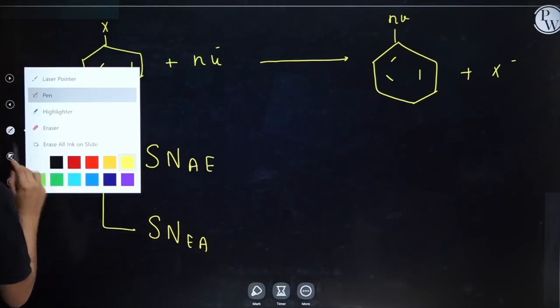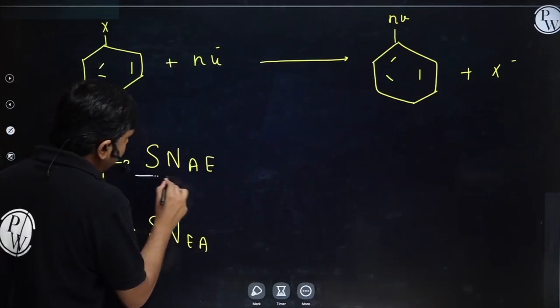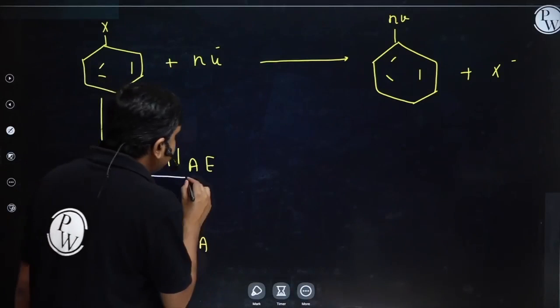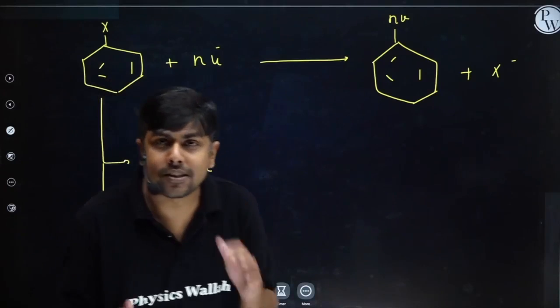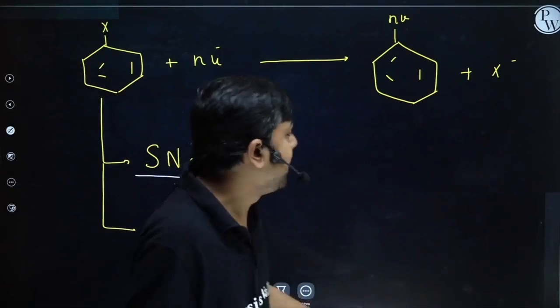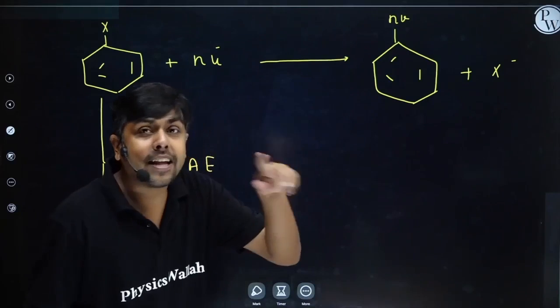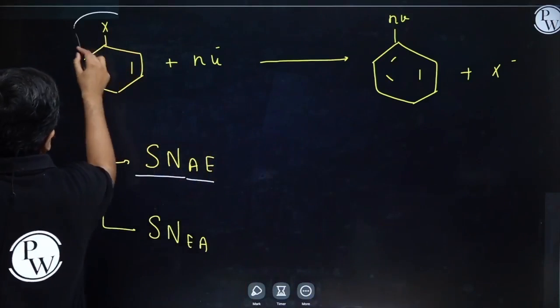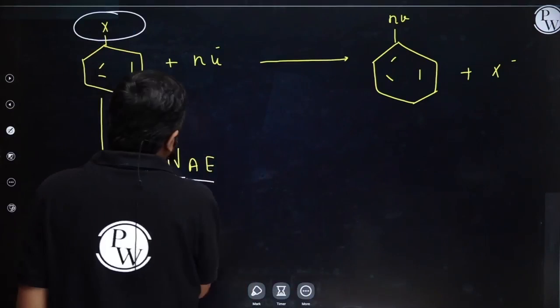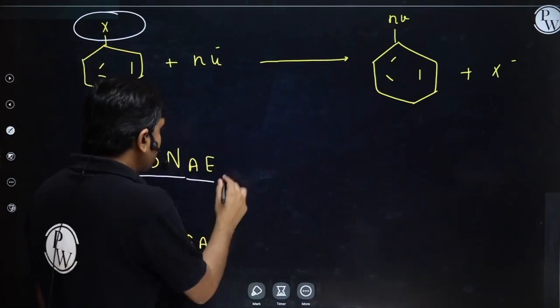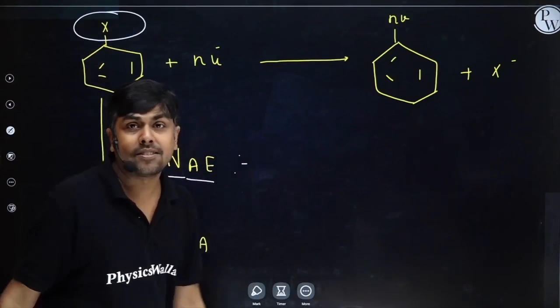What does this A stand for? Nucleophilic substitution, addition, elimination. Here first the incoming nucleophile will get added, and then I will have the departure of this halogen.